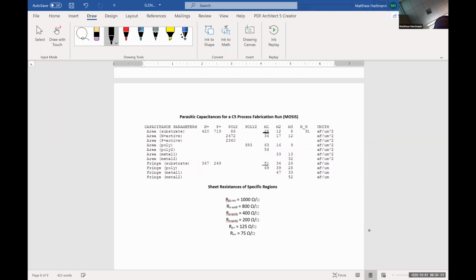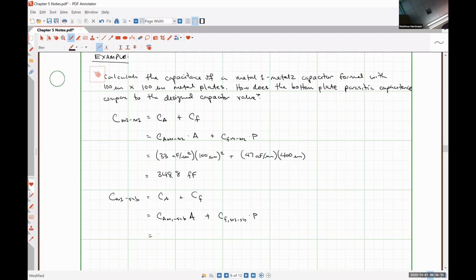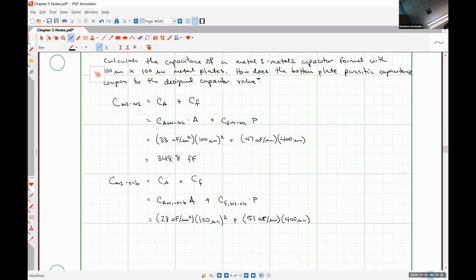So we need this guy as our area and this guy as our fringe. And we get 300.4 femtofarads.